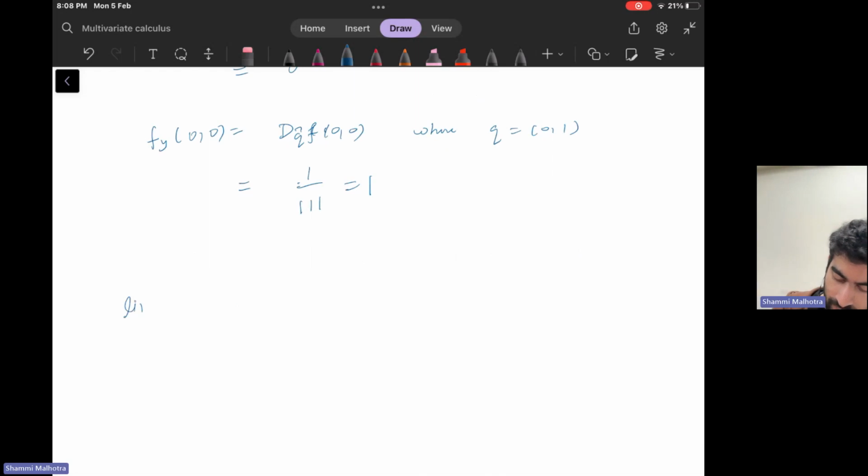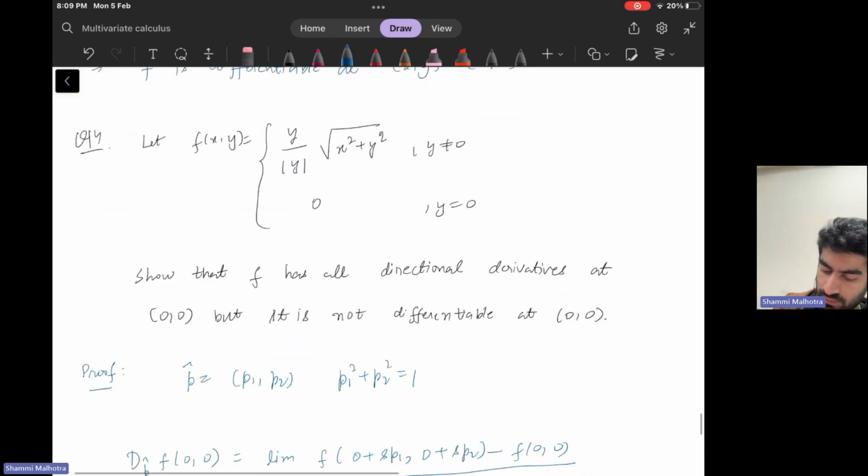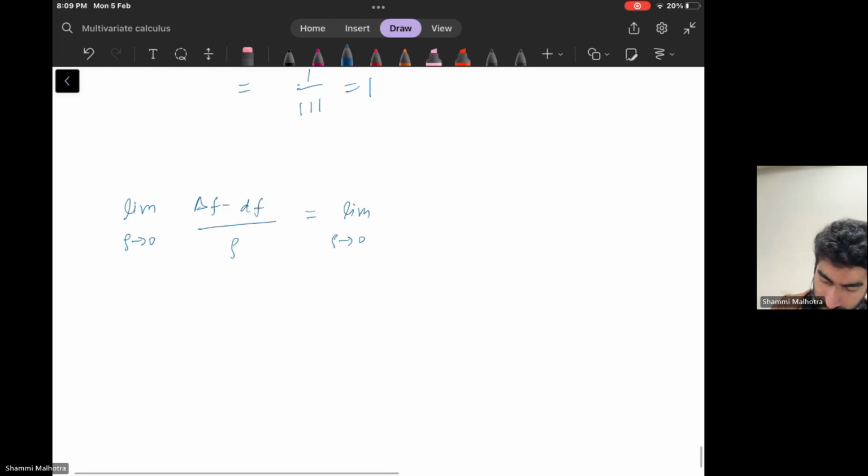So I have to calculate this limit, rho tending towards 0, of the norm of f minus df, whole divided by rho. My change in f is given as f(h,k) minus f(0,0), that is k divided by mod k times the square root of h square plus k square, minus 0.